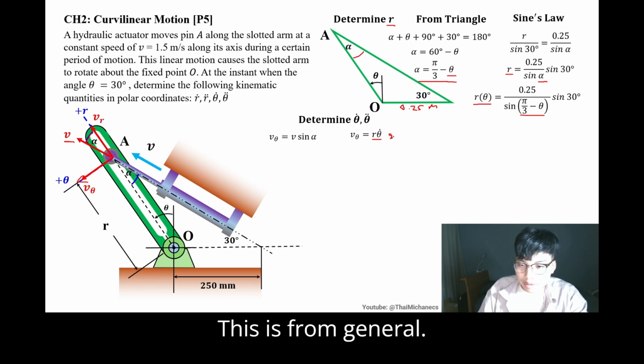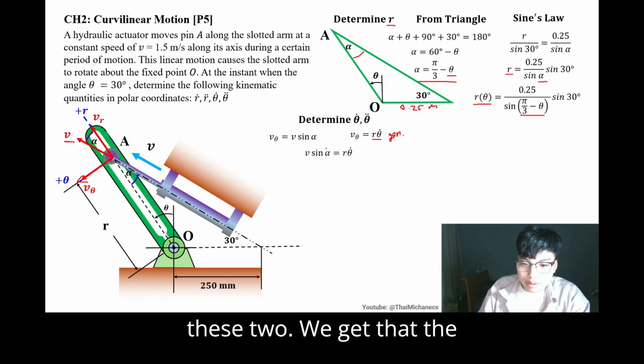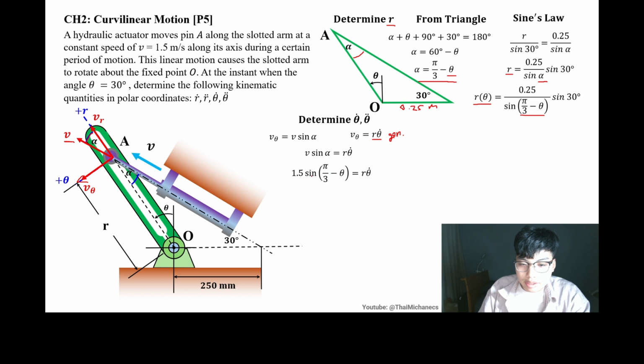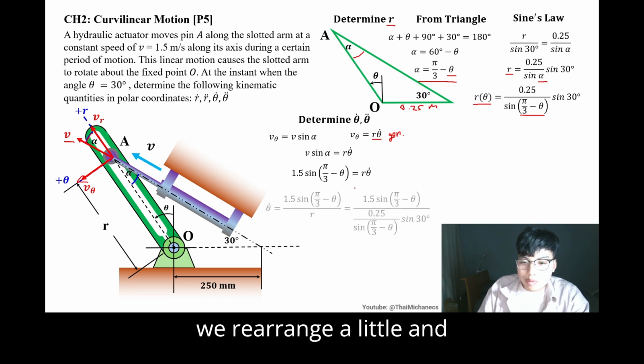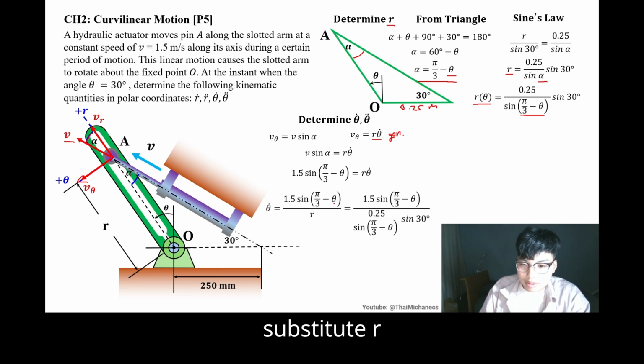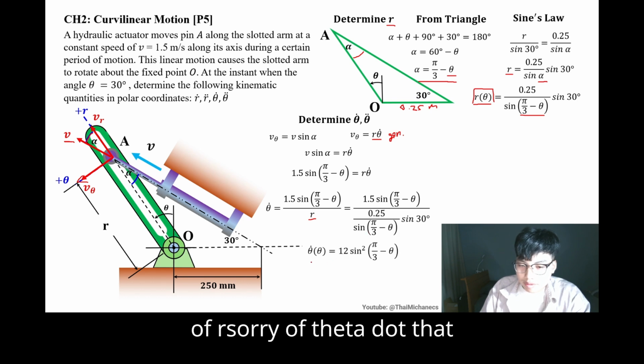This is from the general expression. So we equate these two, and we get that 1.5 sine of pi over 3 minus theta equals r theta dot. Then we rearrange a little and substitute r from here, and we get a simplified version of theta dot that depends on theta, like this.